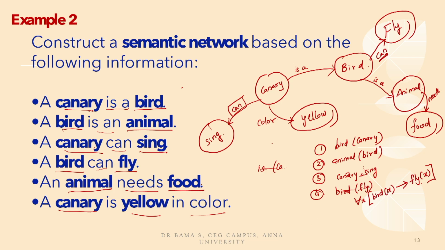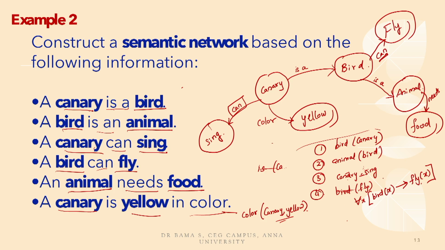And animal needs food, similarly you can construct it. A canary is yellow in color, so this one would be color of canary is yellow. So, something like this we can have. Okay. So, this is an example of the semantic network and a possible representation of predicate logic or proposition logic.